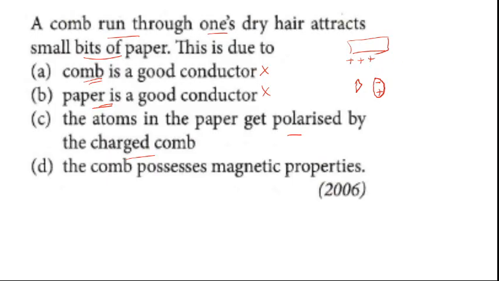Unlike charges attract each other, therefore because of polarization of the atoms in the paper, the comb attracts. The atoms in the paper get polarized by the charged comb, so dry hair attracts small bits of paper. Therefore option C is the correct answer.